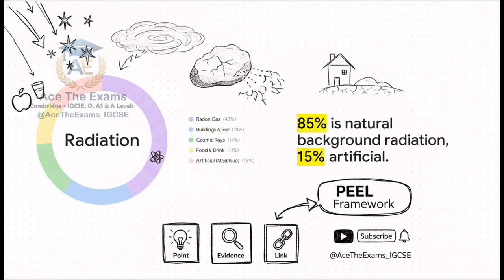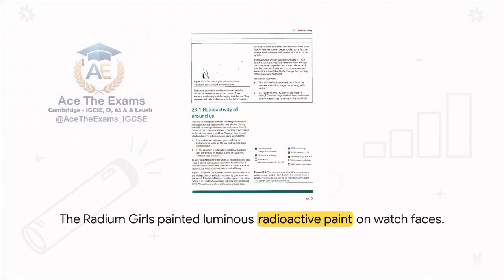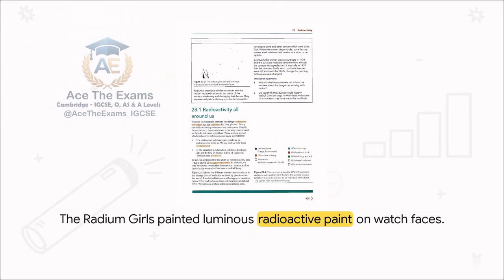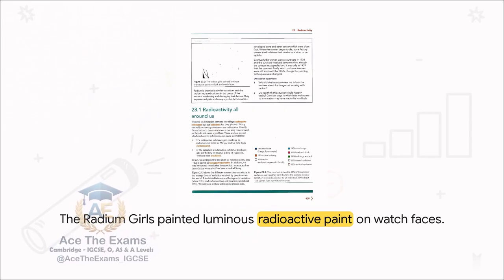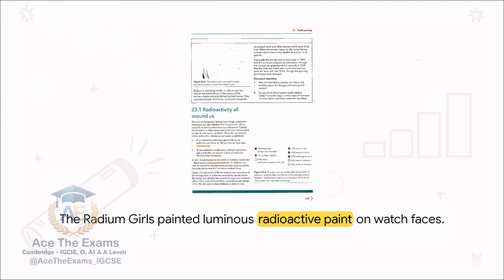Okay, let's keep building this momentum. Understanding these forces isn't just about passing tests, though. Historically, a lack of knowledge had severe tragic consequences, as seen with the radium girls who were unknowingly irradiated. These women painted luminous radioactive paint onto watch faces back in the day. Because radium is chemically similar to calcium, the body gets confused.